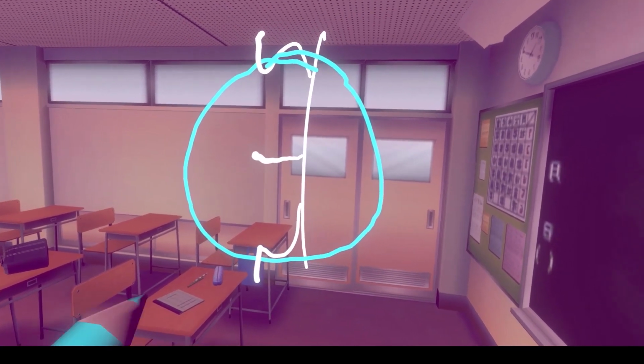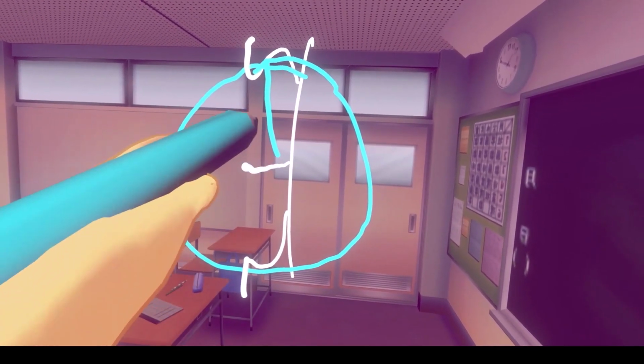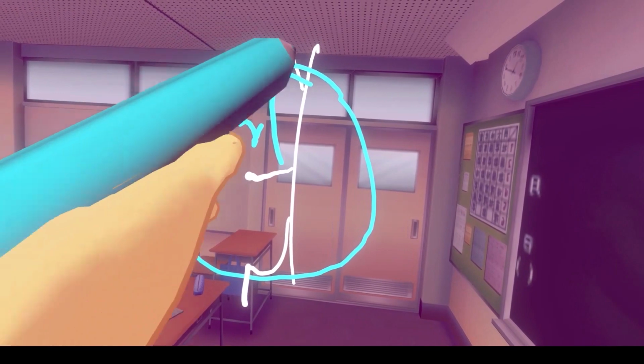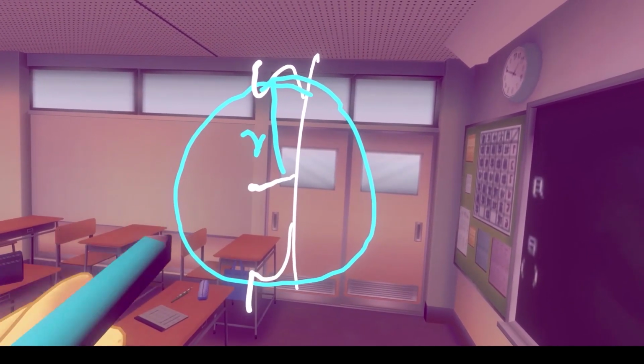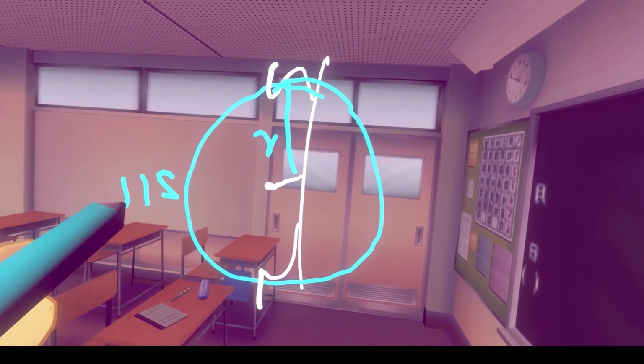It's basically multiplying the radius, which is this, times 2 pi, since this distance is pi and this distance is pi, so it's 2 pi.